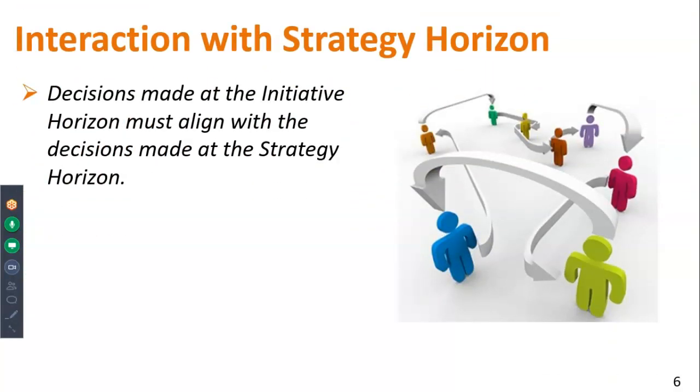Okay. How does it interact with the strategy horizon? Well, obviously, any initiative that we undertake is intended to satisfy a need that was identified at the strategy horizon. So there's a pretty clear relationship between the two. We should always be able to say this is how this initiative will help us fulfill our strategic objectives, our strategic goals.